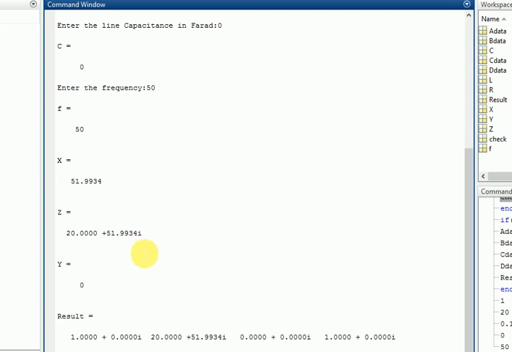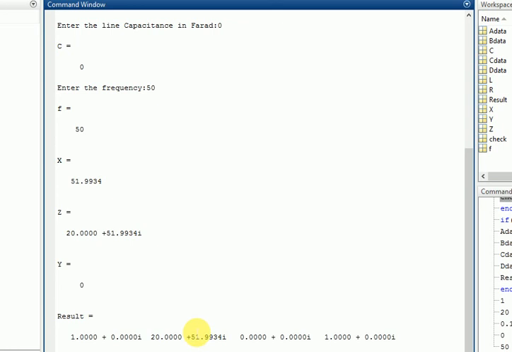The result which is shown over here is 1.000 plus 0.000i. This is the data we get for the ABCD parameters.